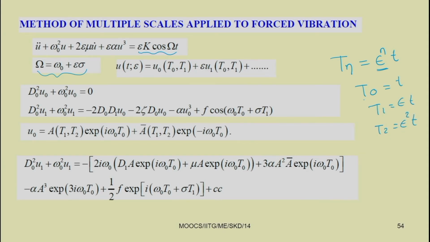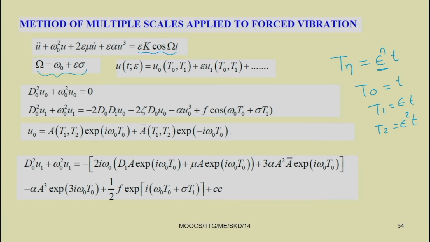These are different time scales, similar to the scales we use in our watch, that is the second hand, minute hand and hour hand. So by taking different time scales, we can write the response using this u 0 and u 1.